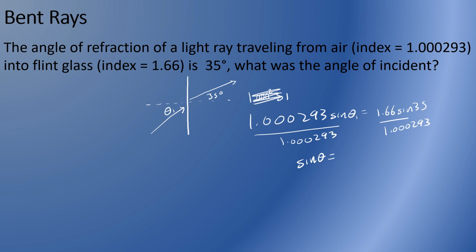So I'm going to type all of that in. And I get sine of my angle is 0.951857. I'll inverse sine that, and when I inverse sine it, I get about 72 degrees.